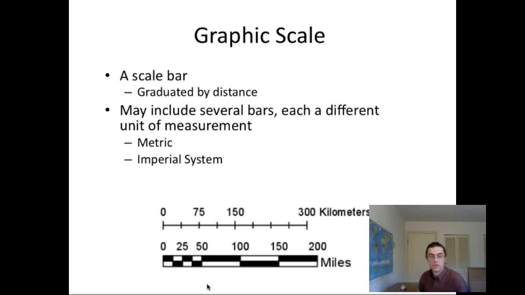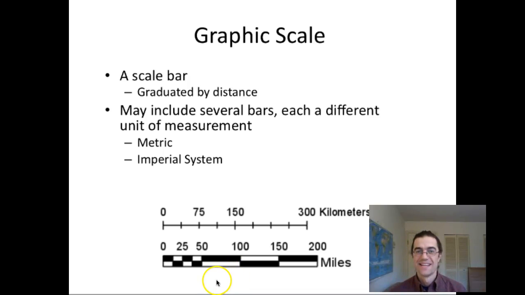And those would be under the verbal scale. So yeah, National Geographic for that map has just stuck with verbal scale, not a graphic scale. So there's a little contrast for you.